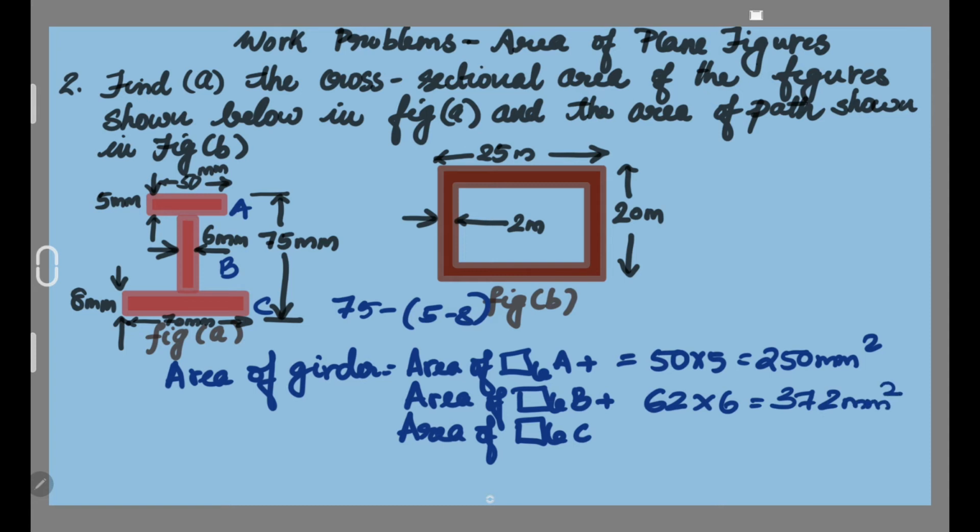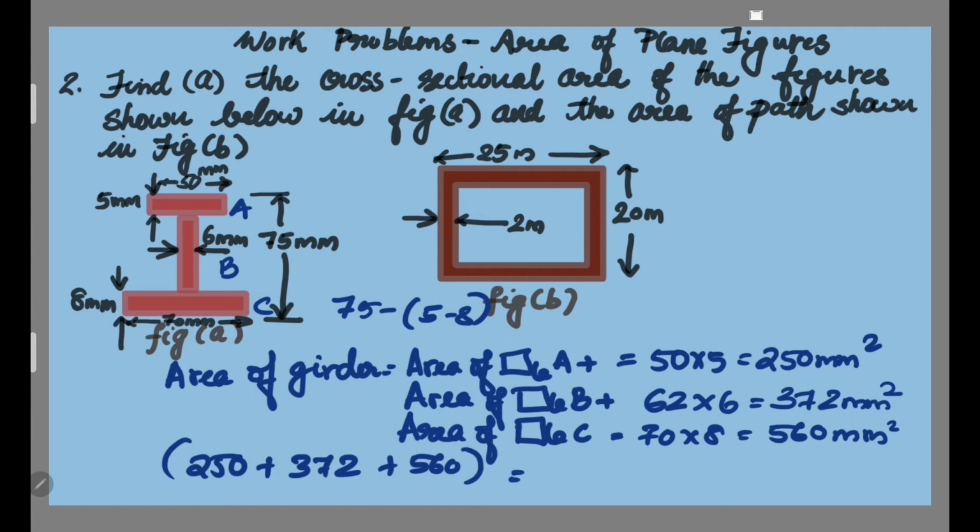And now let's find the area of rectangle C. It is also easy. Length is given, breadth is given, 70 millimeter times 8, that is 560 millimeter square. So to find the cross-sectional area of this girder, you just have to add all these values. So 250 millimeter square plus 372 plus 560 millimeter square will give you 1182 millimeter square.